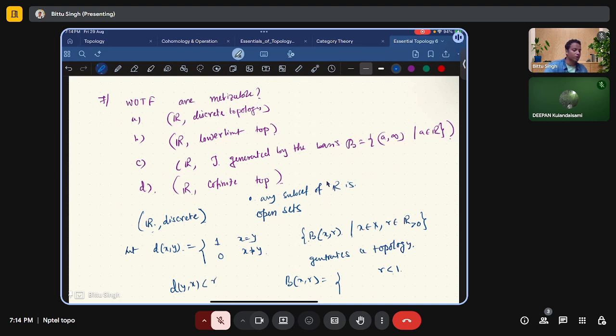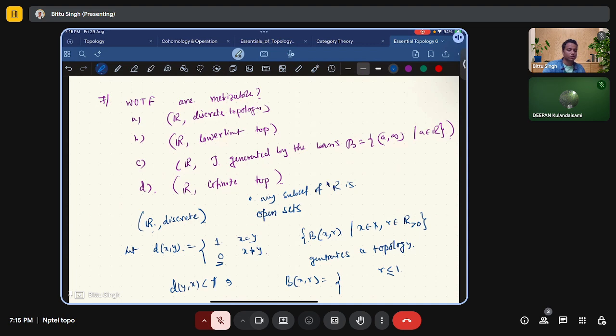This implies the distance is strictly less than 1, so the only possibility is 0.